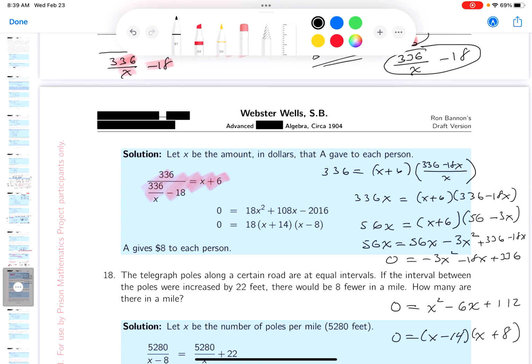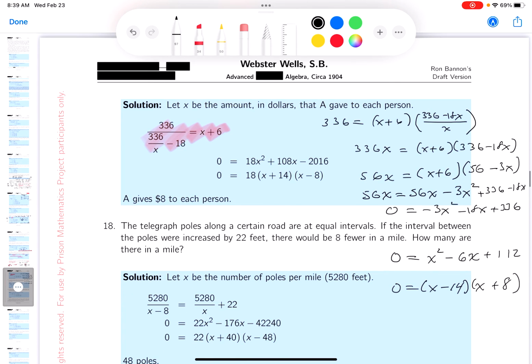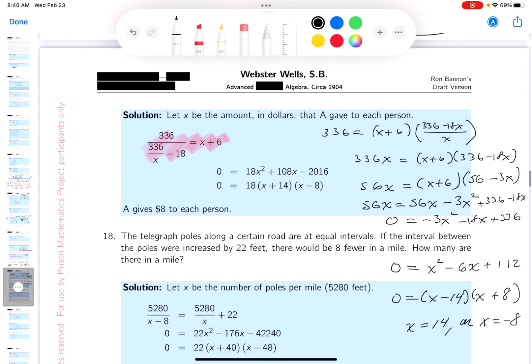Minus plus. I'm no longer thinking about the problem, by the way. I'm just thinking about what the answer is here. The answer to this equation is x equals 14, or x equals minus 8. Again, when I say that, I'm really not thinking about what x is, but I probably should. Let me just take a look at that. Did I make a mistake somewhere? I did. I see it now.